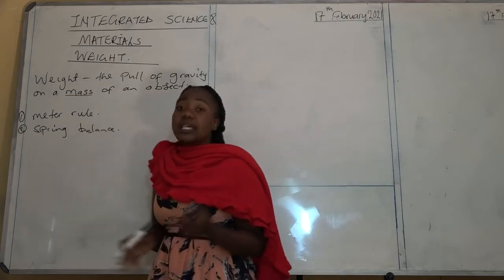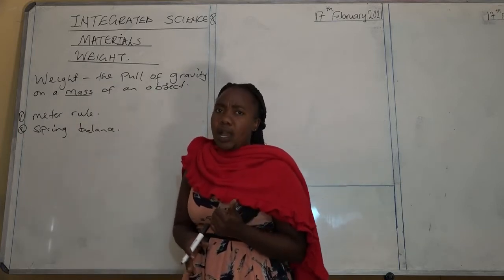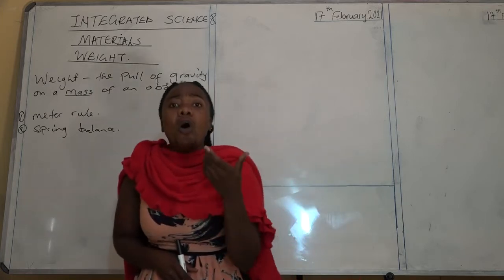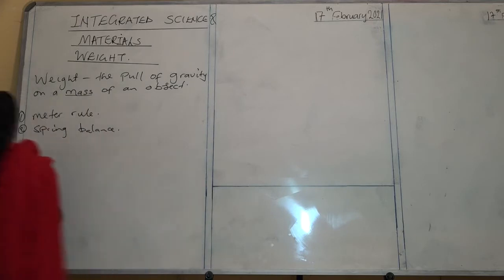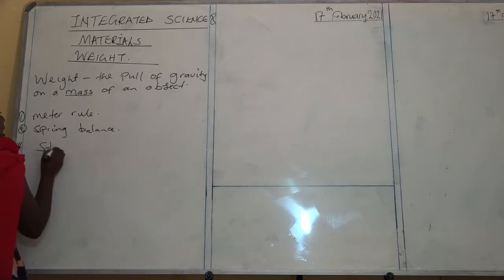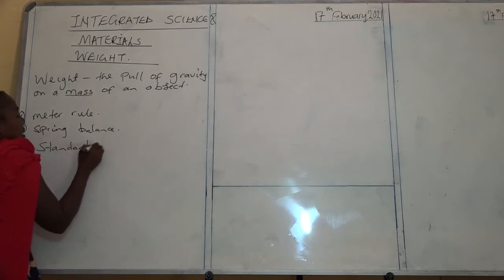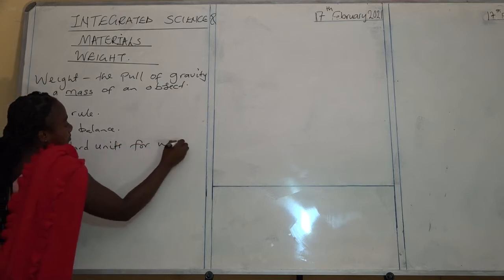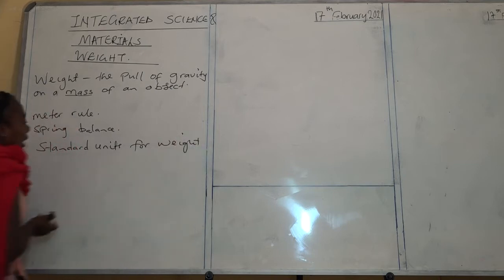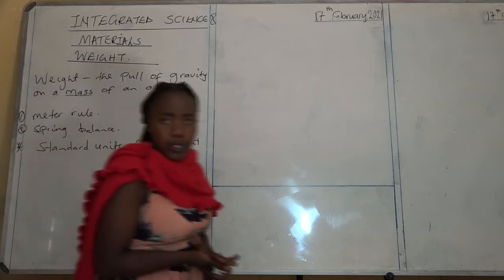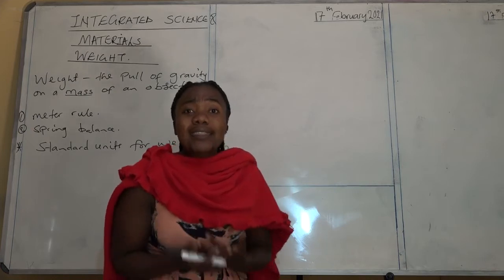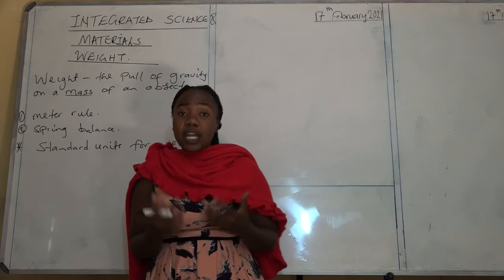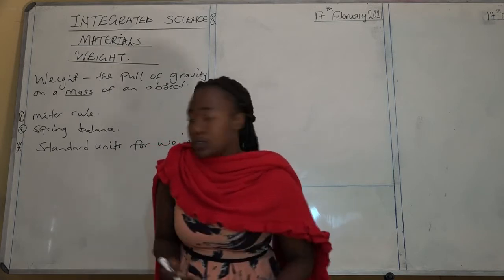Having defined weight as the pull of gravity on a mass of an object, and the two instruments that are used to measure weight, what are the standard units, or the SI units, for weight, class? The SI units or standard units for weight are newtons.